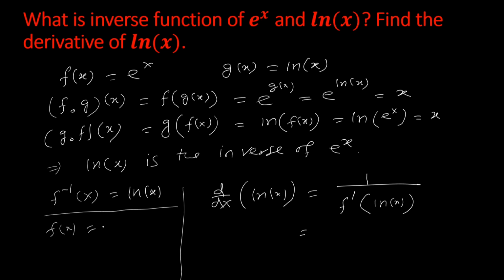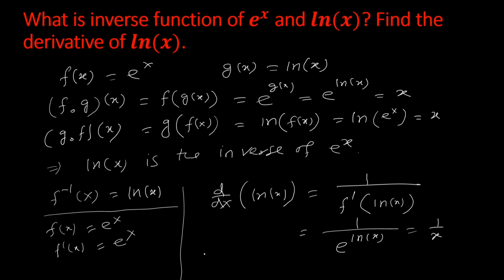F is e to the power x, so f dash x is also e to the power x. So we have here 1 over e to the power ln x, which is equal to 1 over x. Therefore the derivative of ln x is 1 over x.